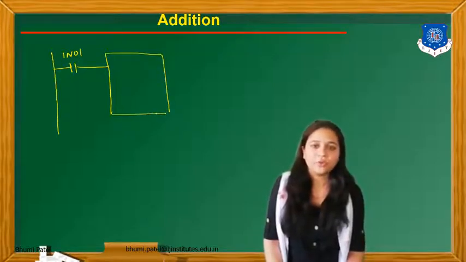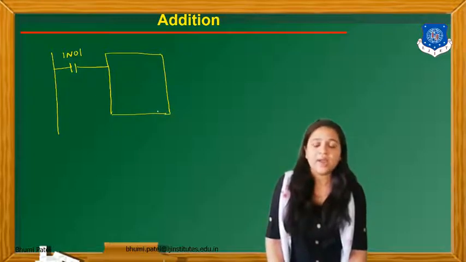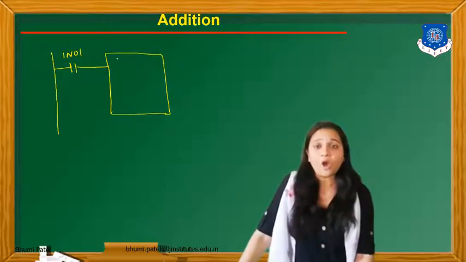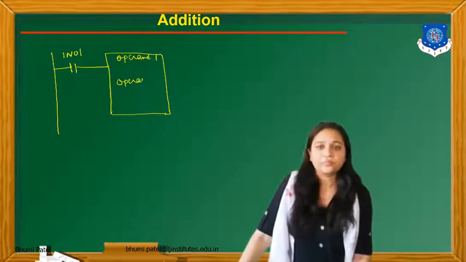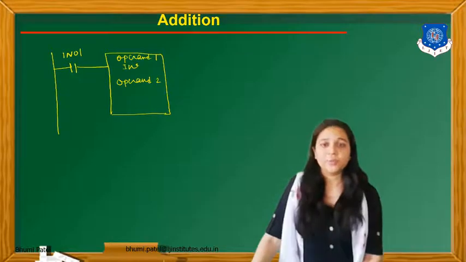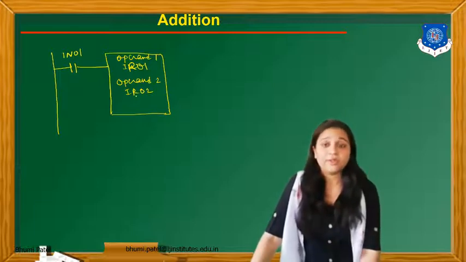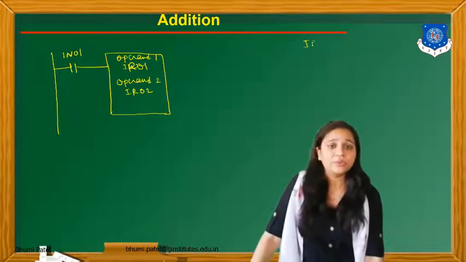As you know, for the addition we require more than one number, so we take operand 1 and operand 2. Suppose operand 1 is stored in the input register IR01, and the value for operand 2 is taken from the register IR02. What is IR? IR is known as the input register.